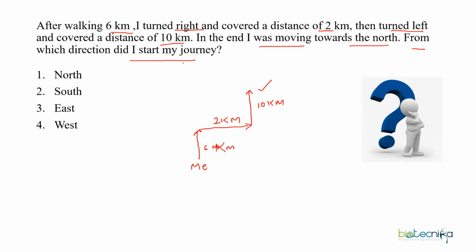If you understand the diagram, in the end I was traveling towards north. So obviously I'm starting from here, not downward, that means I am starting my journey from south. That means my correct answer for this question will be option number 2, that is south.